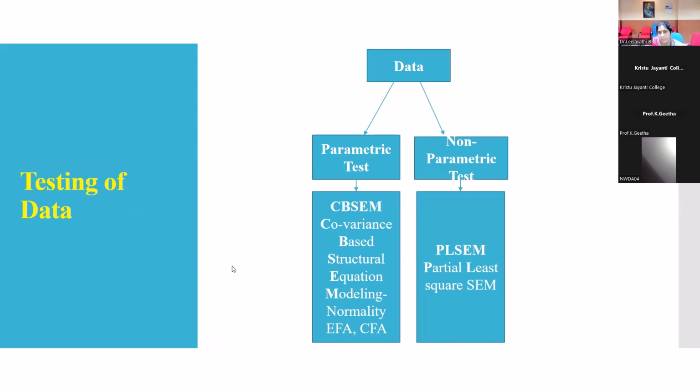Okay. So CBSEM is covariance based structural equation modeling. If you want to develop your own model, then we go for this. Whenever we are doing CBSEM, we can't directly prove the end model, so first we have to go step by step. The first one is EFA, which means exploratory factor analysis.